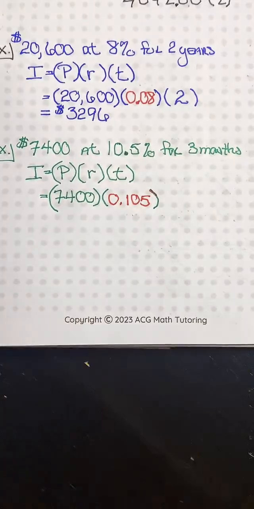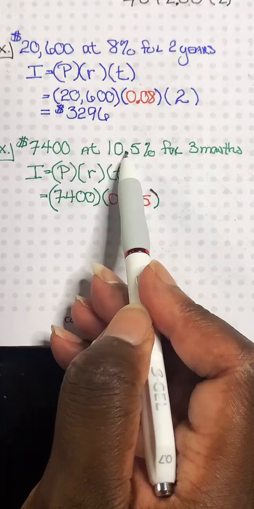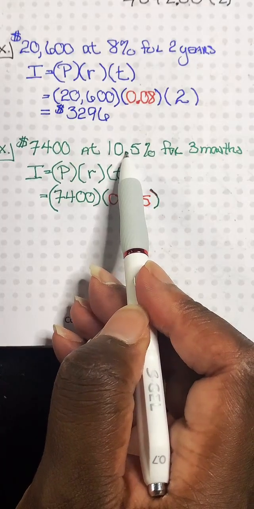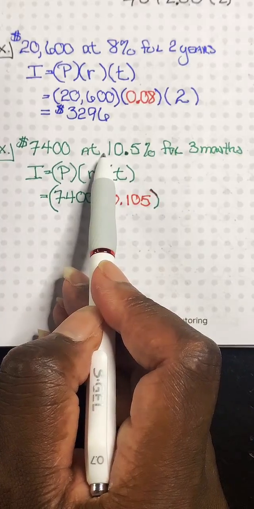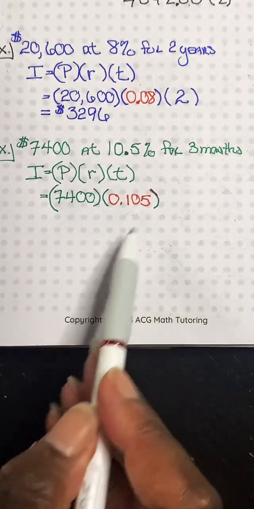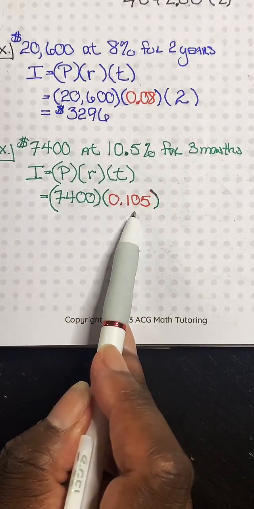If they give you a decimal, you start at that decimal and move to the left 2 times. So that is going to represent your rate.